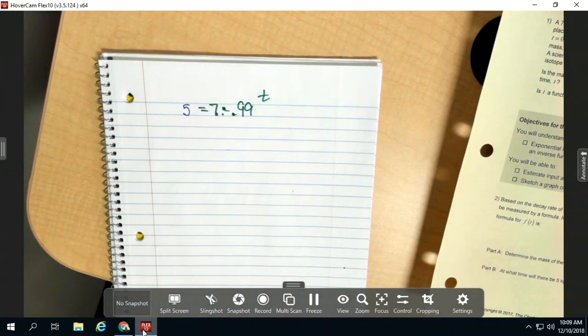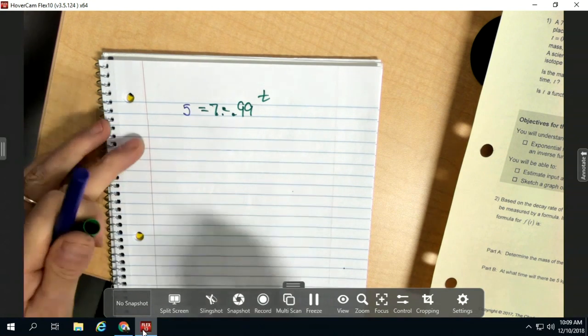Do you see a problem here? We know the answer and we're looking for the question. Very good. Yeah, we're looking for the time. How can we do this if we're looking for the input?